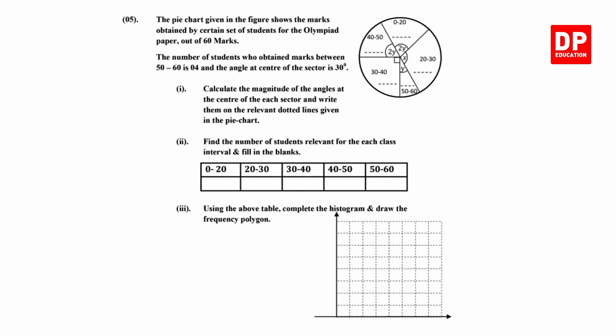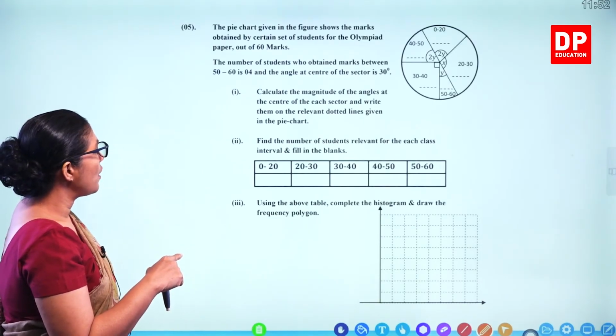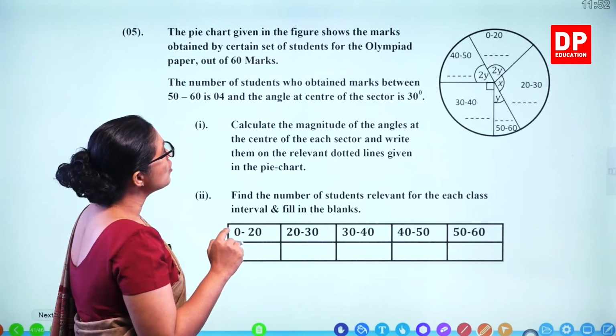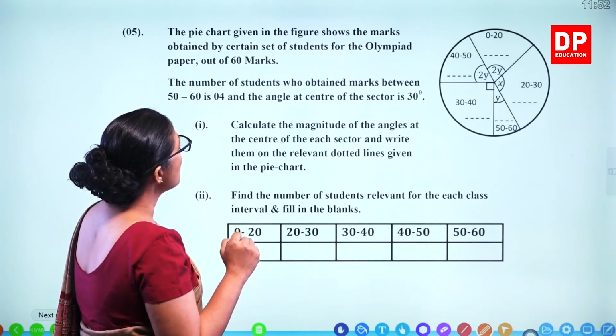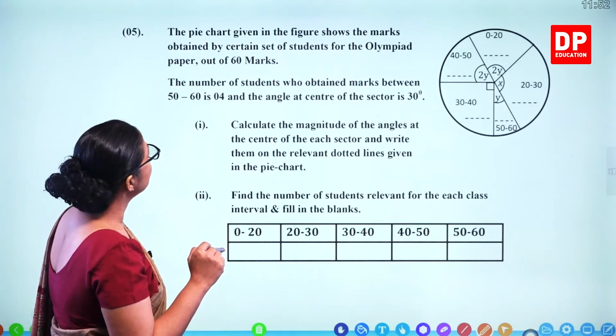Question number 5, it's about a pie chart and you have to draw a frequency polygon. The pie chart given in the figure shows the marks obtained by a certain set of students for the Olympiad paper out of 60 marks.